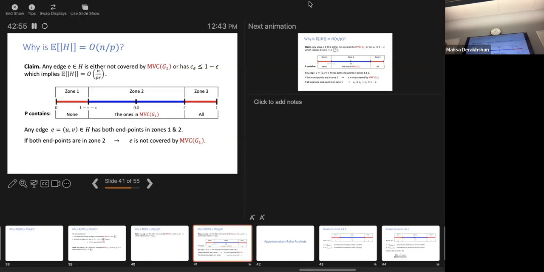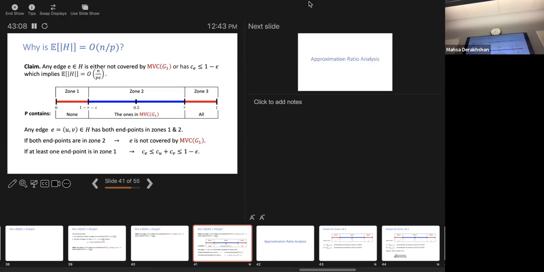The subset of all the edges that do not have an endpoint in P. So that's about the edges whose both endpoints are in zone 2. Now, what if at least one of the endpoints is in zone 1? In that case, CE, right?